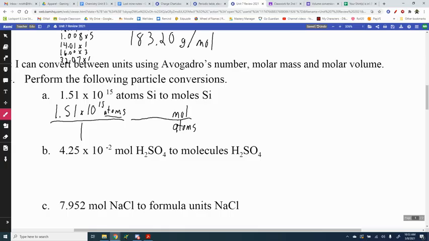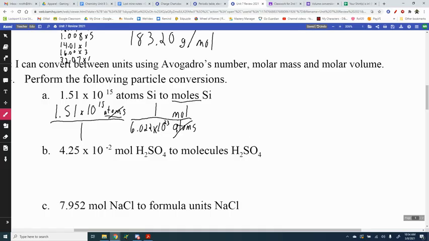The number that goes in front of moles every time is 1. The number that goes in front of particles every time is 6.022 times 10 to the 23rd. Atoms cancel out, and we're left with moles. That is where we want to be.